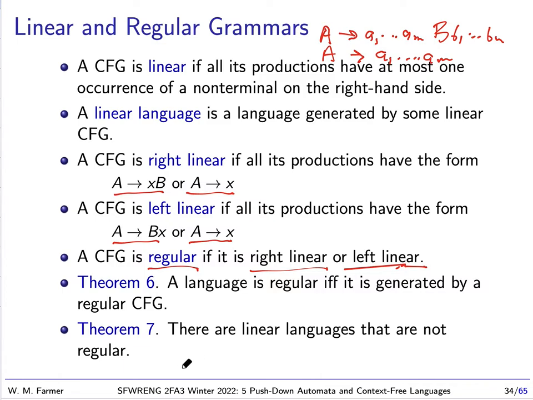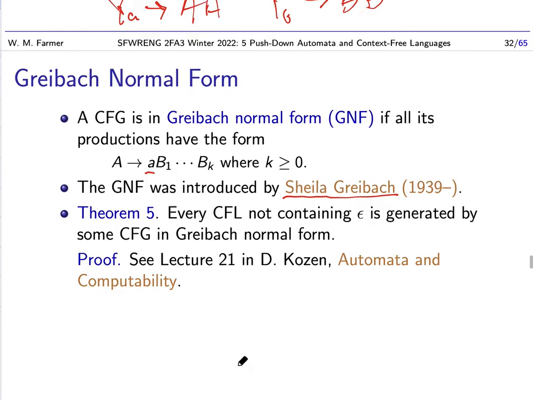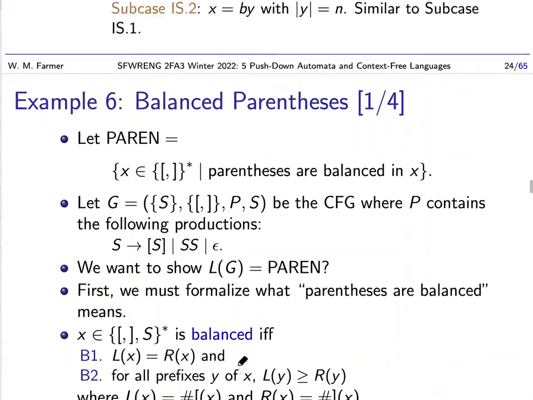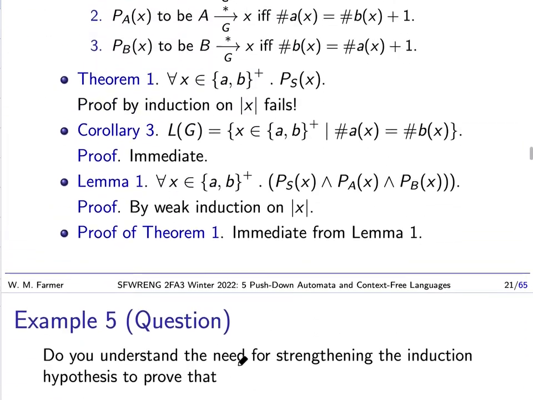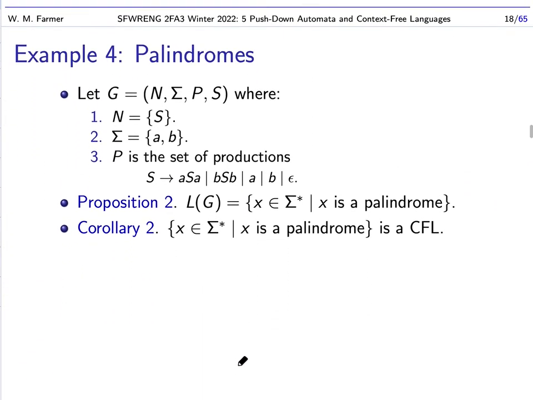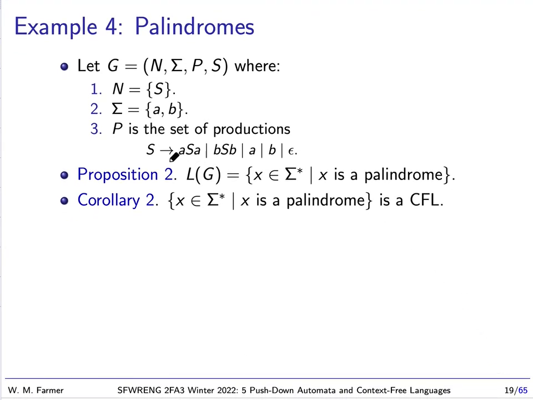Palindromes are context-free, and actually, let's just go back and look at that. We had this example of palindromes, and palindromes are context-free but not regular, but you see they are linear because I only have one occurrence of my non-terminals on the right.